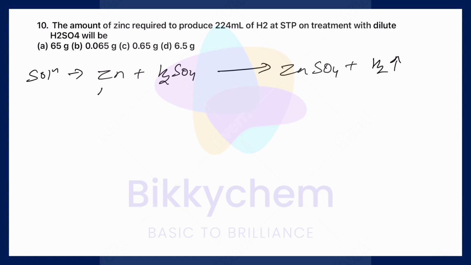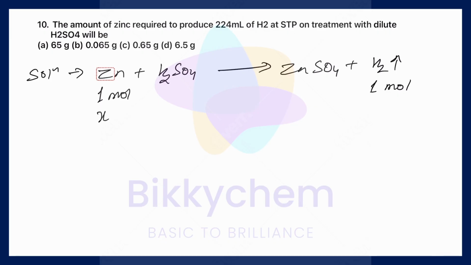So we know that 1 mole of zinc is giving 1 mole of hydrogen gas. That means x ml is giving 224 ml of hydrogen.